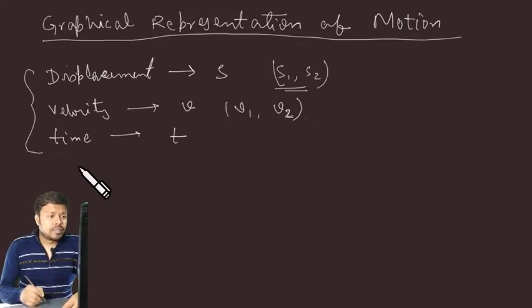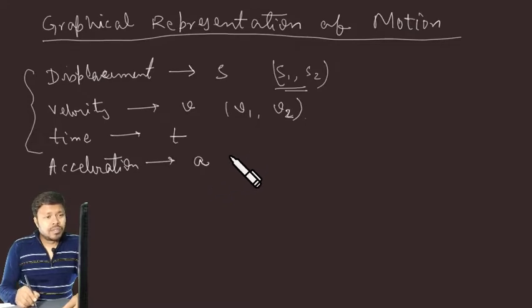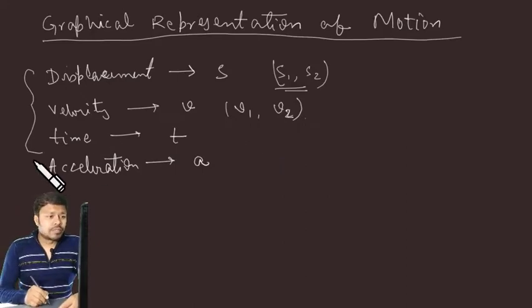And then there is another variable, acceleration, which is A. Acceleration is the rate of change of velocity, meaning final velocity minus initial velocity divided by the time interval. So these are the four variables we will be using.